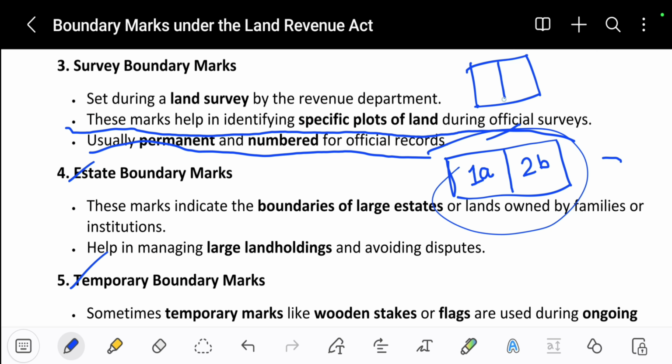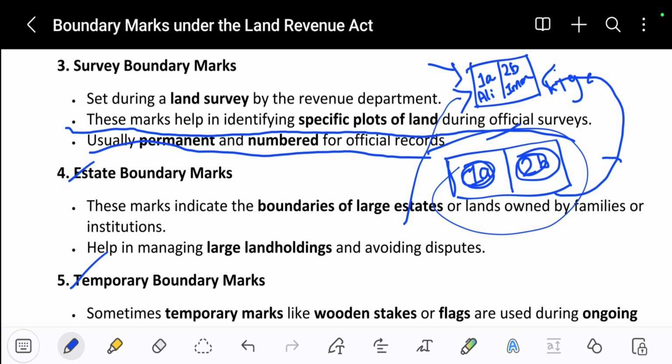So this is a register you're seeing here. In this register, the record of the land is going to be mentioned: 1A is owned by Ali and 2B is owned by Imran. This is how the records of the land are mentioned, because they give those lands specific or special numbers in order to maintain the ownership.